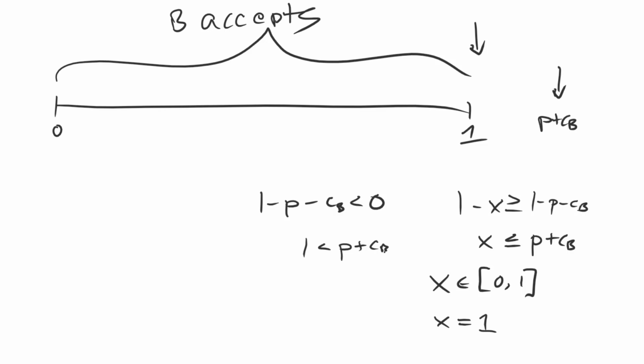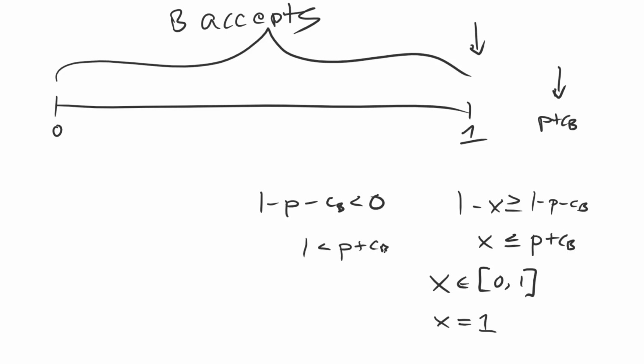If you make larger changes, if you make P very much smaller, or make CB very much smaller, then you would start transitioning from a corner solution back into the interior. And you'd be in the situation before where A actually has to make some sort of positive concession to B to get B to accept the deal.